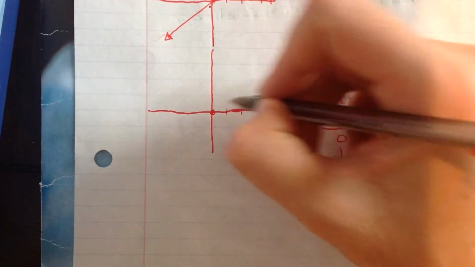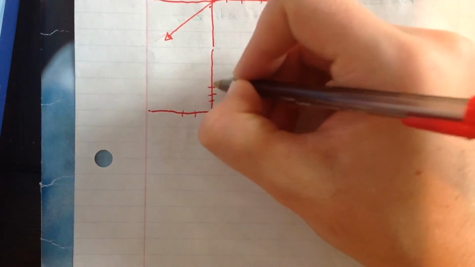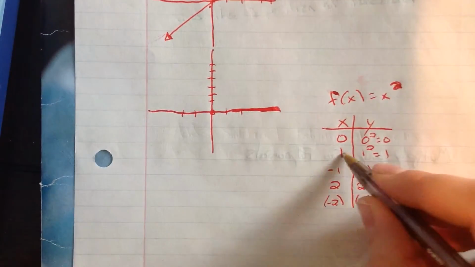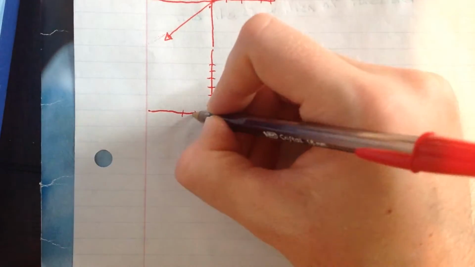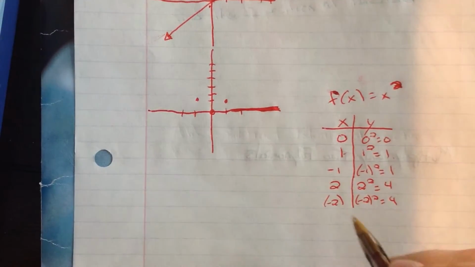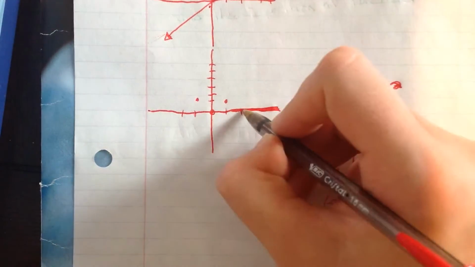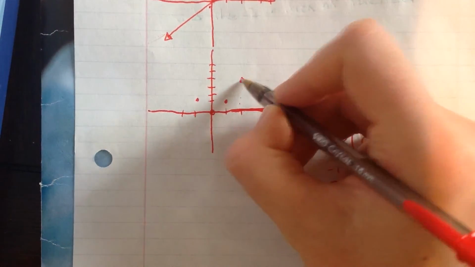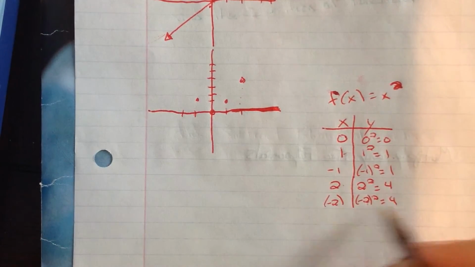So if we graph these points, you have 0, 0. You have 1, 1. -1, 1. 2, 4. -2, 4.